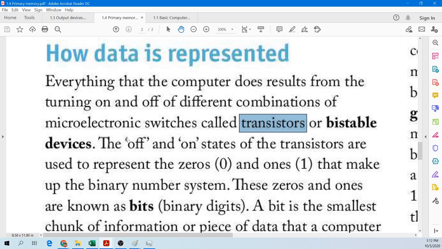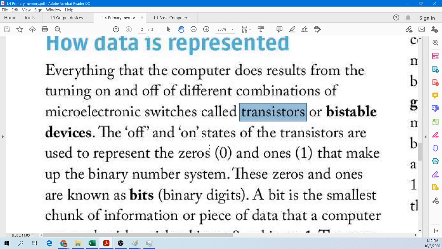That combination is basically the data inside the computer, and the CPU processes the information as binary. So all that we're seeing here on the screen is actually binary code, bits of zeros and ones. The computer sees it, but we cannot see it.